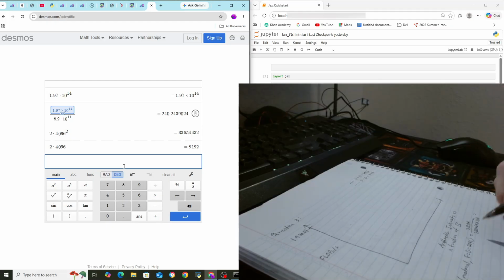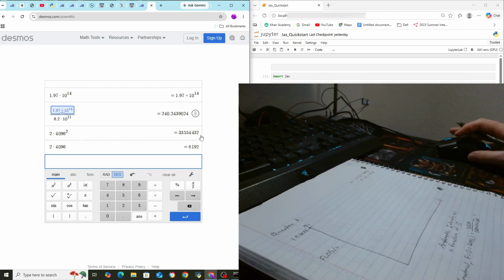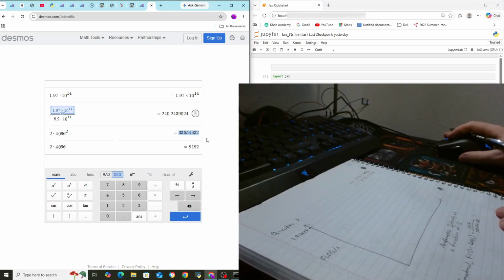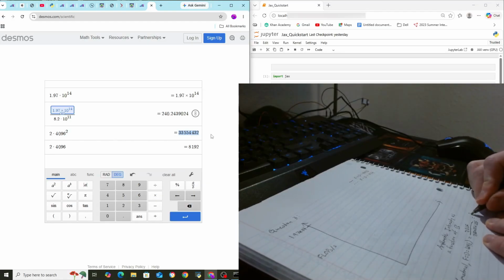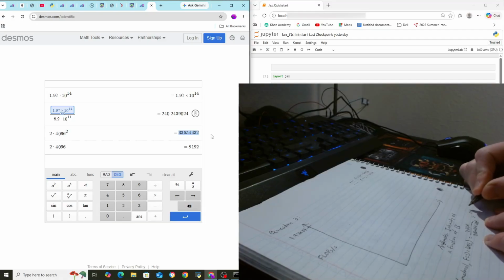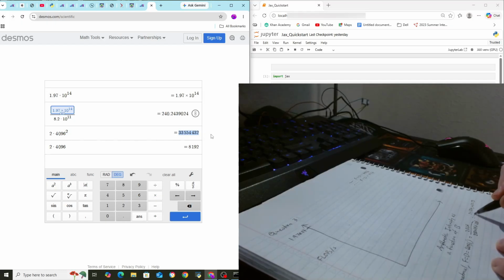So 2 times 4096 squared, I guess we're going to write this full number out. So 33 million, 33,554,432B divided by 2D, which is 8,192.